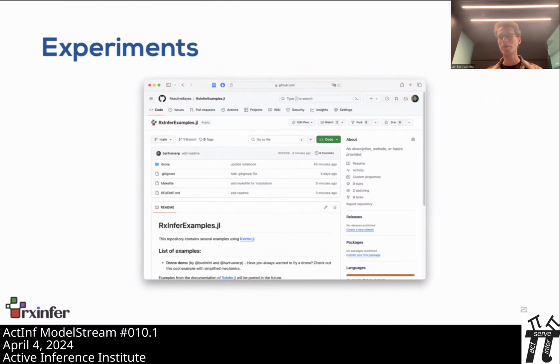It will be a simplified experiment, not the one on the previous slide, because that would be too intense and overwhelming to have a look at. But the main characteristics of this particular drone demo are available here. If you have any questions, want to try it out, please let me know after or contact me if you have issues. The code that we developed for this particular live stream is publicly available.